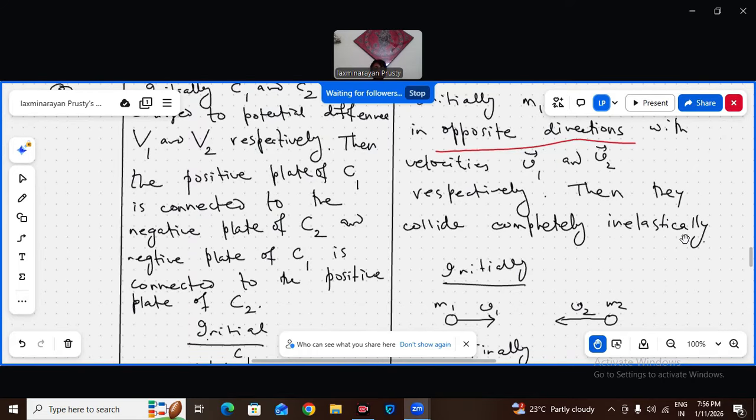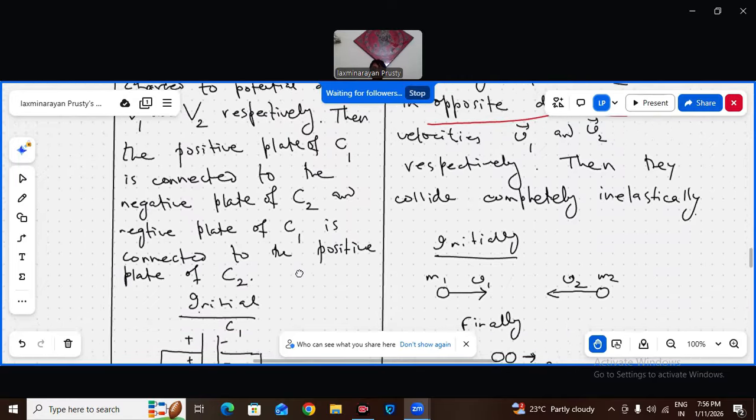Then they collide completely inelastically. And then I join them with positive to negative plate, negative to positive plate. And then what happens?